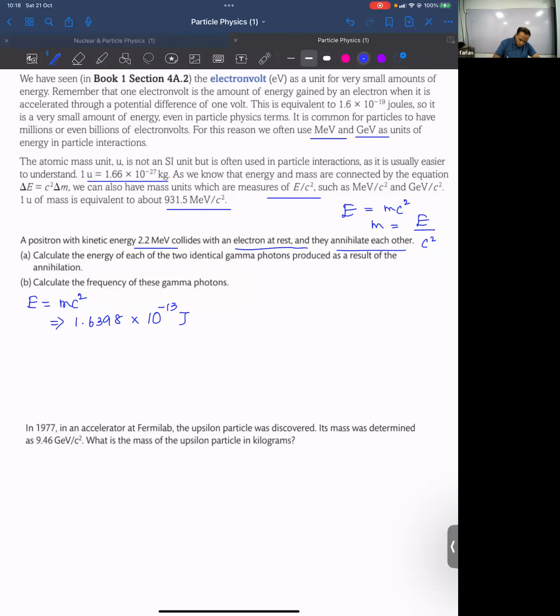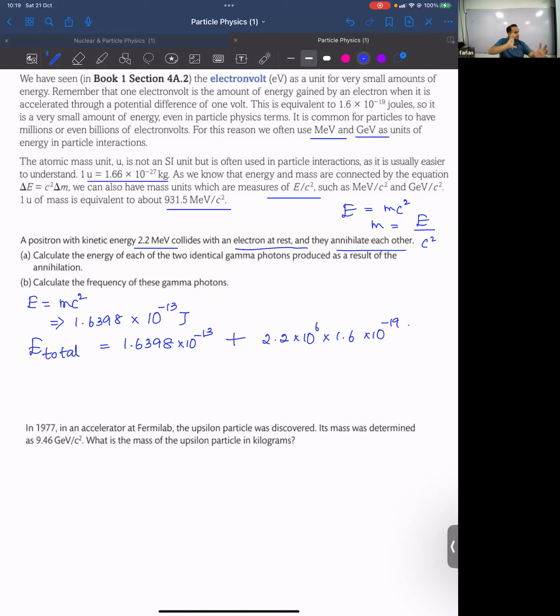Plus, the total energy now available will be this 1.6398 into 10 to the power minus 13 joules plus the kinetic energy of the positron, which is 2.2 mega electron volts, which is 2.2 into 10 to the power 6 electron volts into 1.6 into 10 to the power minus 19 joules.